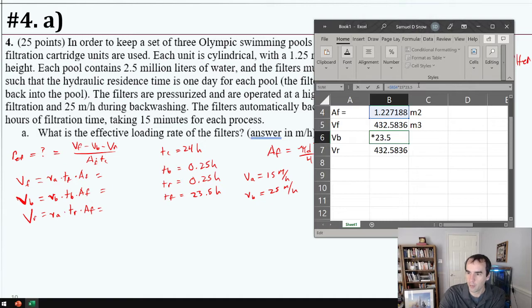So for the backwash, instead of a loading rate of 15, we use a loading rate of 25. And instead of 23.5, we have 0.25 hours for that. And lastly, this last component, the rinsing has the same loading rate as normal, and again a quarter of an hour.